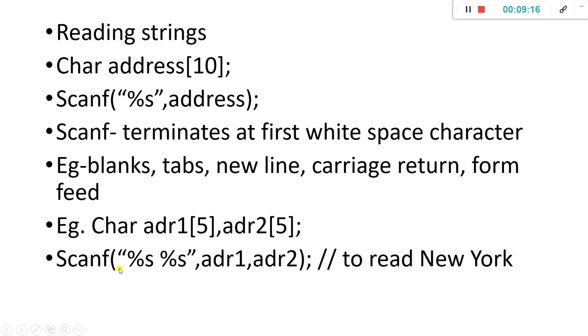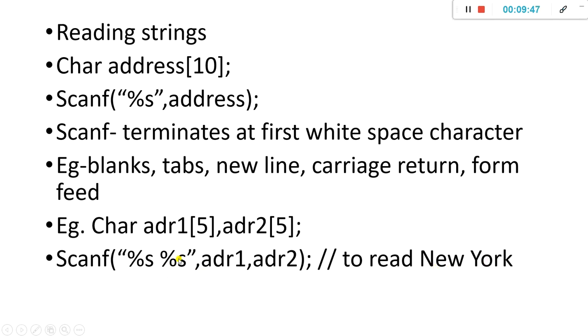Then scanf, within brackets, you can see %s, which is the specifier for the first word, that is New, and then a blank space over here. After that, another %s for the second word, that is York, and then you close the double quotes and mention the names of the arrays ADR1 and ADR2. So if you scan like this, you will be able to scan New York.